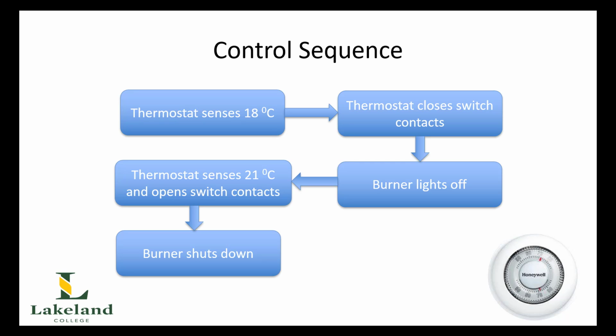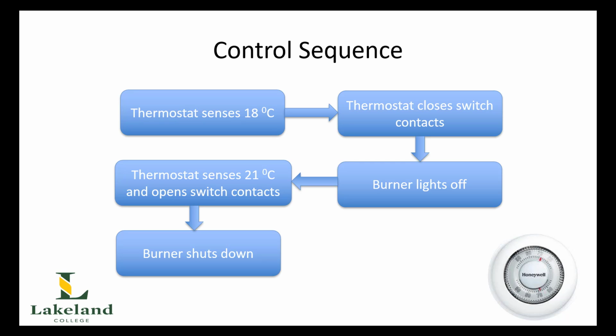So it's going to open the set of switch contacts, which is going to shut down the burner, and slowly the space will cool. Once we drop below set point again, it doesn't have to be 18 degrees, it can be 19 degrees, we start the loop all over again.